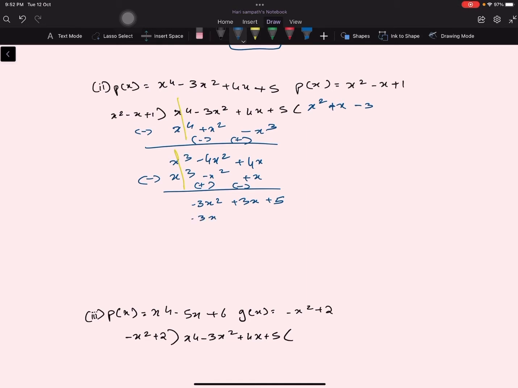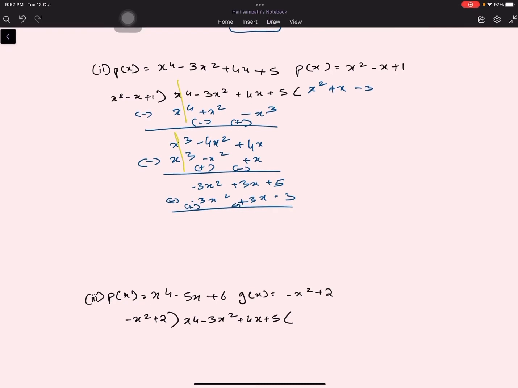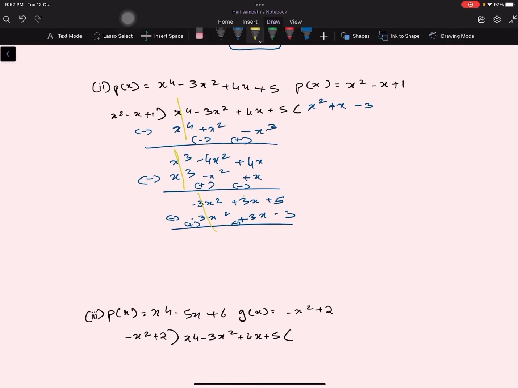So minus 3x square plus 3x minus 3. I'm going to subtract this equation from it. I get plus here and I get minus here. So these two cancel each other out this time, and the remainder we get is 8. So this will be the quotient, and this will be the remainder.